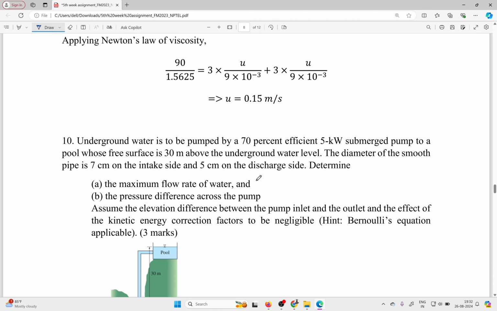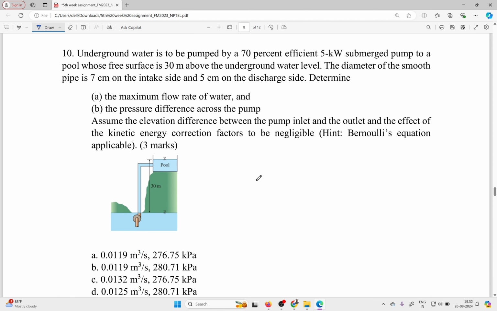Question number 10. Underground water is to be pumped by a 70% efficient 5 kilowatt submerged pump to a pool whose free surface is 30 meter above the groundwater level, as you can see in the figure. The diameter of the smooth pipe is 7 centimeter on the intake side and 5 centimeter on the discharge side.